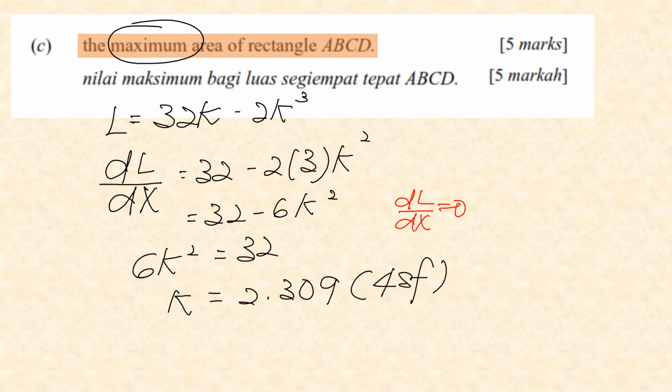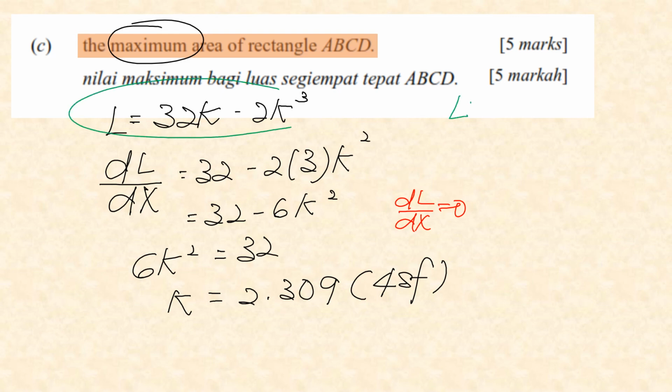And then the question says maximum area. So where do you get your maximum area? Don't forget the earlier equation given to you. You get the area equation that you formed just now. Refer to part B.